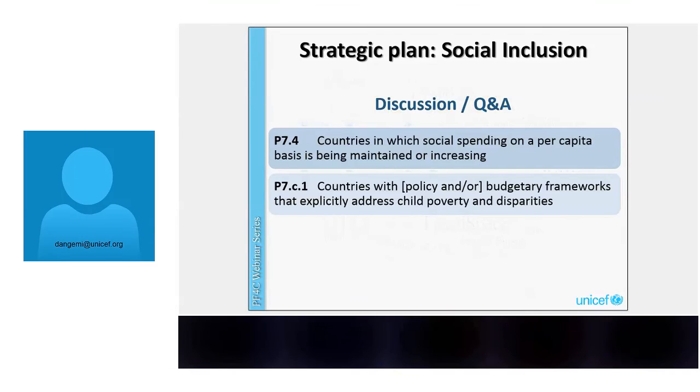But the problem with plans is not so much that government doesn't budget for key priority areas laid out in the plans, but that some key priority areas laid out in the plans simply cannot be budgeted for according to 95% of budget structures in many of the countries we work in. And a perfect example is something like early childhood development.